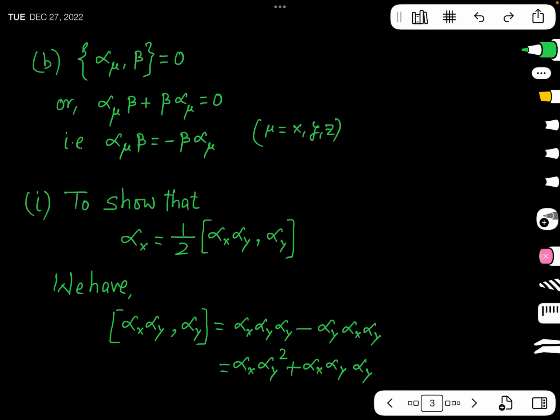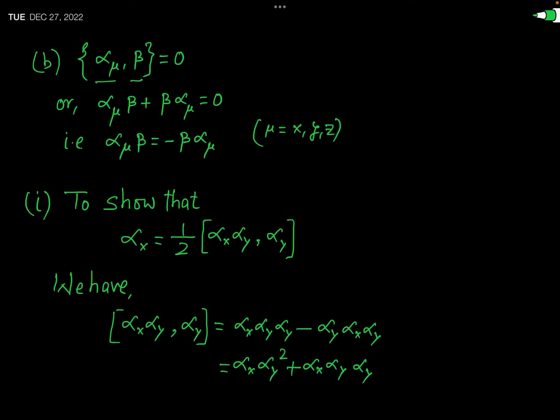The different alpha also anti-commute with beta. So you learnt in the previous lecture that the anti-commutator of alpha mu with beta is equal to 0. That is, alpha mu beta plus beta alpha mu equals 0, or alpha mu beta is equal to minus beta alpha mu.